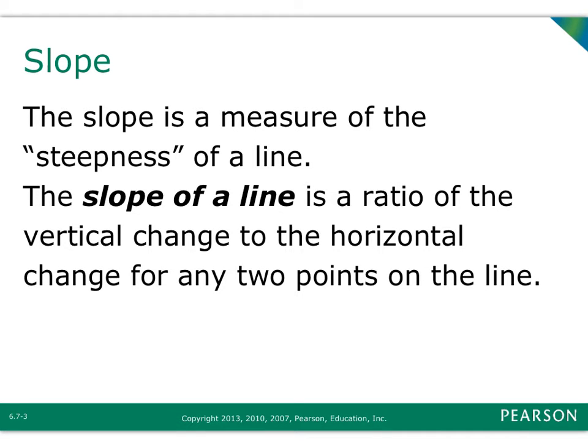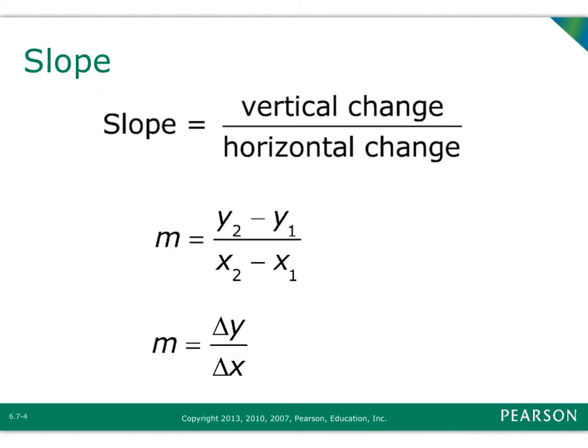The slope is a measure of the steepness of a line. The slope of a line is the ratio of the vertical change to the horizontal change for any 2 points on the line. So our equation for slope is the vertical change divided by the horizontal change.